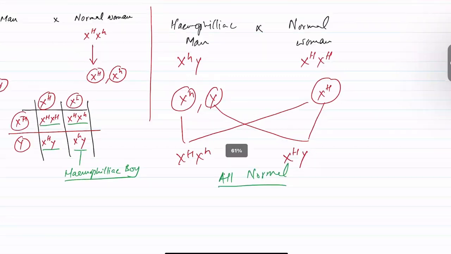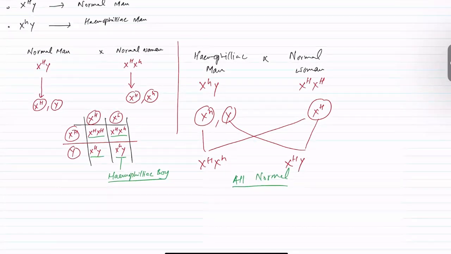Okay. So such a cross is known as a reciprocal cross. Do you see the results of the offspring of these reciprocal crosses are different? However, in the case of autosomal inheritance, the results of the reciprocal crosses are the same.